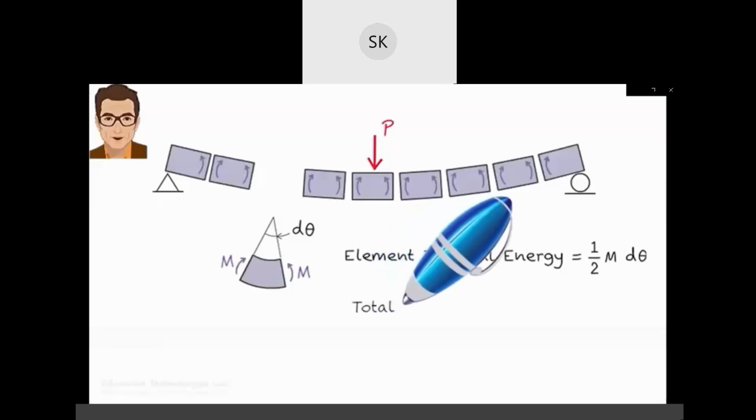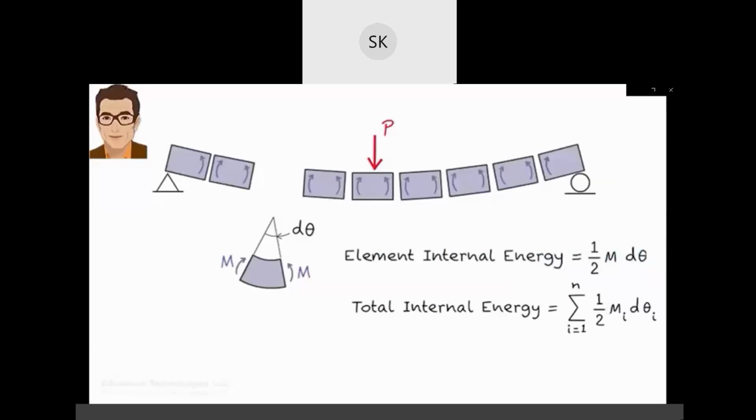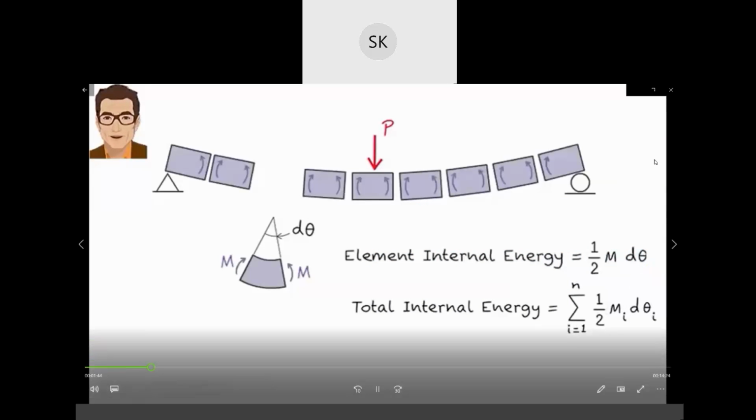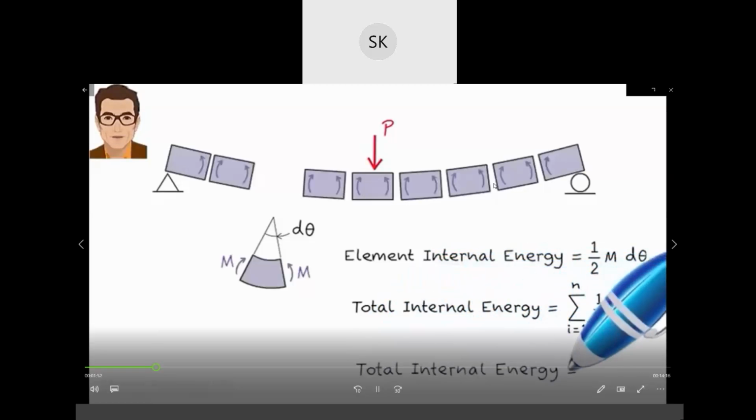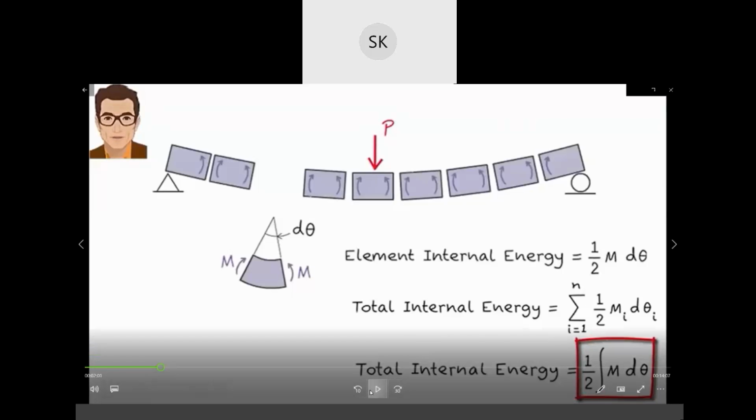If we sum up the internal energies in all the beam elements, we get the total internal energy. For the sake of accuracy and convenience, we generally perform this summation via integration. That is, total internal energy in the beam is 1/2 times the integral of m d theta. Let's see how we can evaluate this expression.